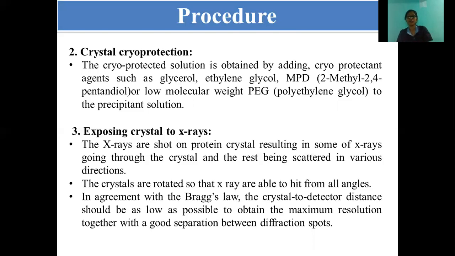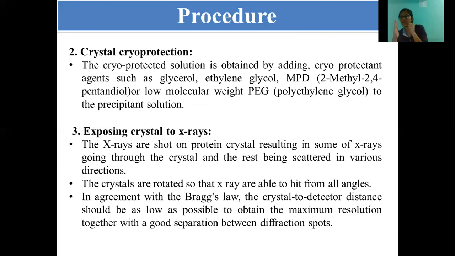So an important thing here is that when you are exposing the crystal to the X-rays and recording data on the detector plate, the distance between the crystal and the detector should be approximately 150 nanometer, or less than 150 nanometer.